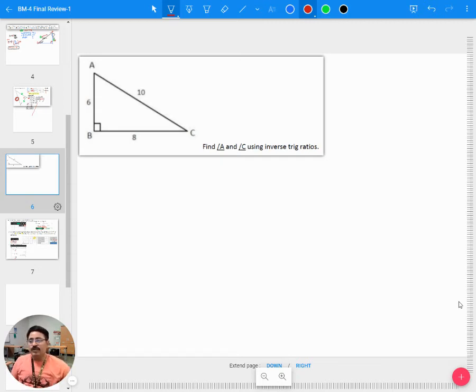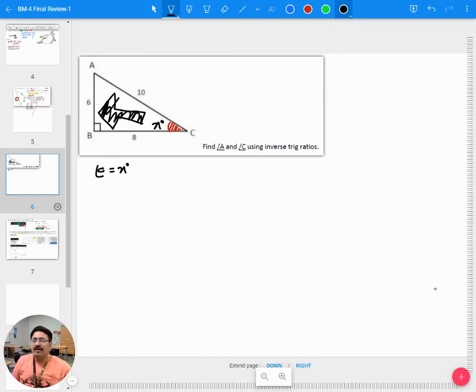Okay, so let's start with angle C. This one seems to be a little easier. Angle C value is not known, so let me consider that angle C equals x degrees. This is x degrees, and you can take any 2 sides. All the 3 sides are given, so this is one.